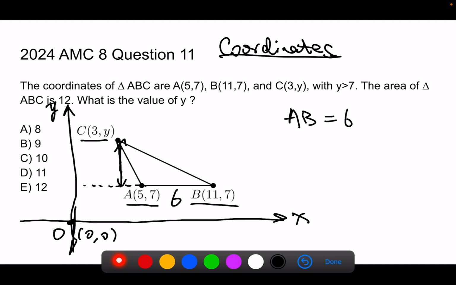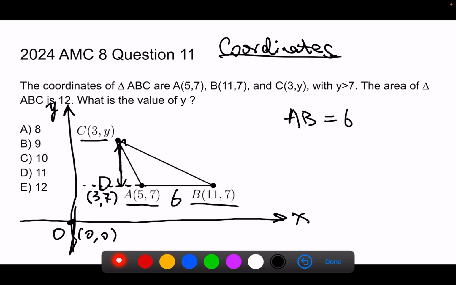Well, similarly, if I draw this height and I call this point D, D will be 3, because D and C are on the same north and south line, meaning the extent to the east and west is the same. So their x is the same. And D's y is going to be 7 because, similarly, D is on this line AB.